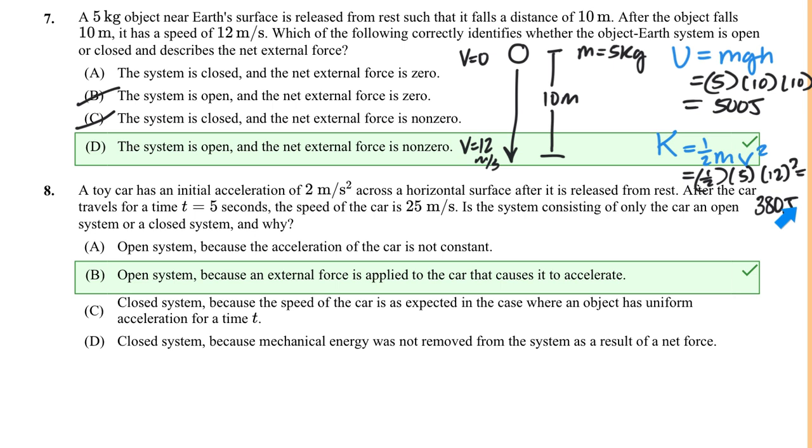Okay, so due to air resistance, that energy that should have been 500 lowered down to 380 because air resistance turned that mechanical energy into non-mechanical energy. Wow. So the net external force is going to be non-zero. So this just means there is going to be external forces. And then we know our system is open.